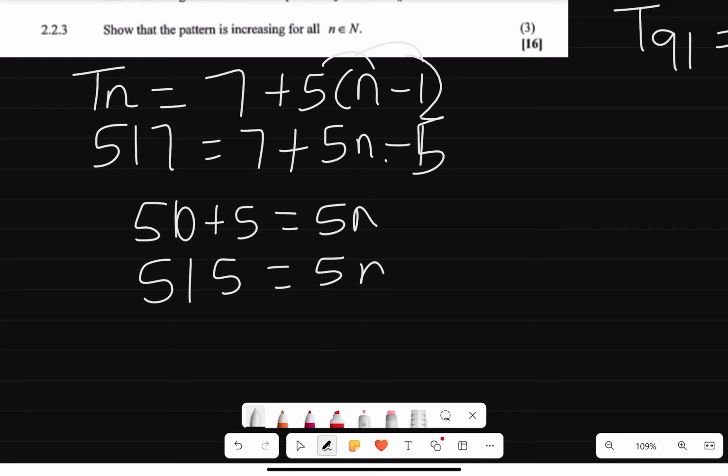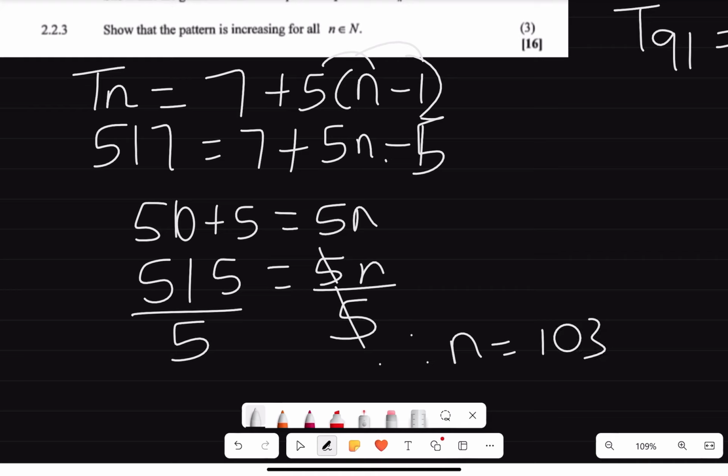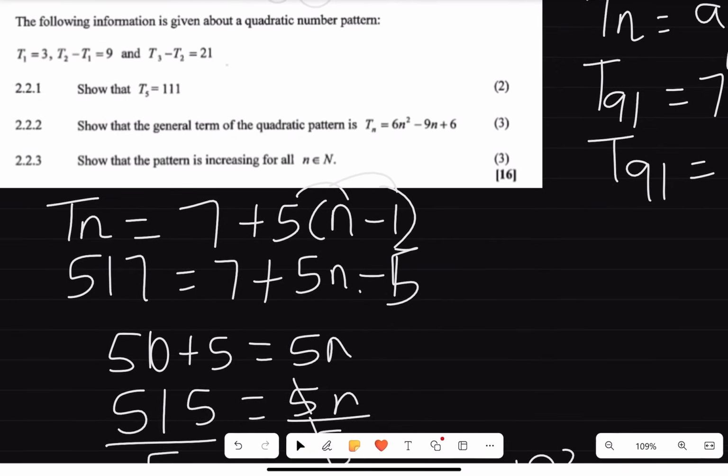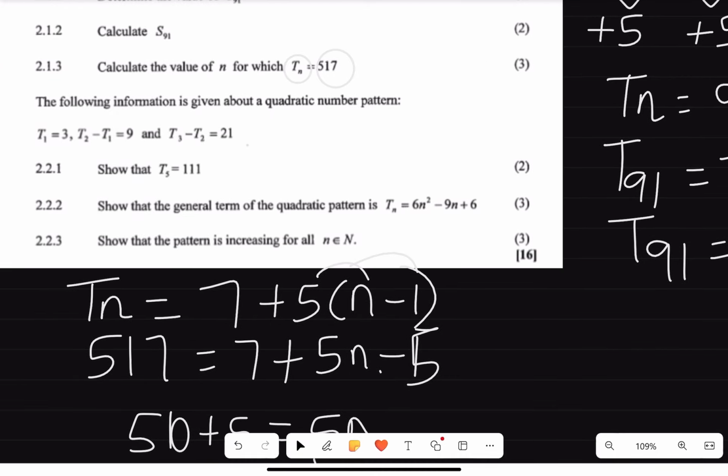So we need to divide 515 by 5 and see what we get. Divide by 5. This cancels that. Therefore, we can see that n equals 103. So the 103rd term is going to be equivalent to 570. All right. Perfect. And that's it with a linear pattern.